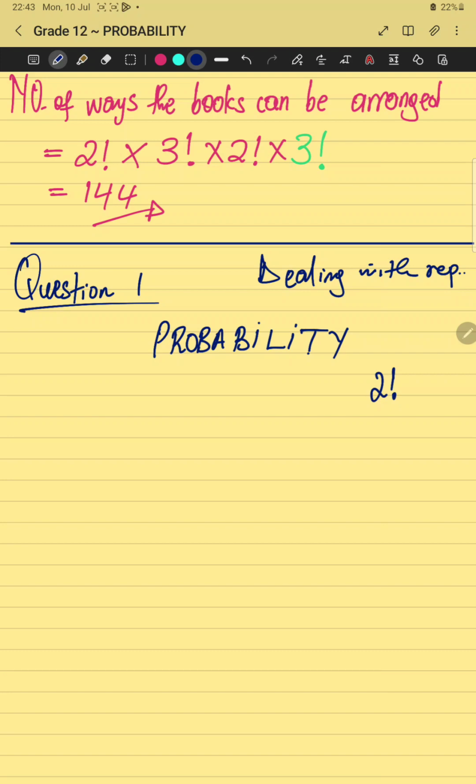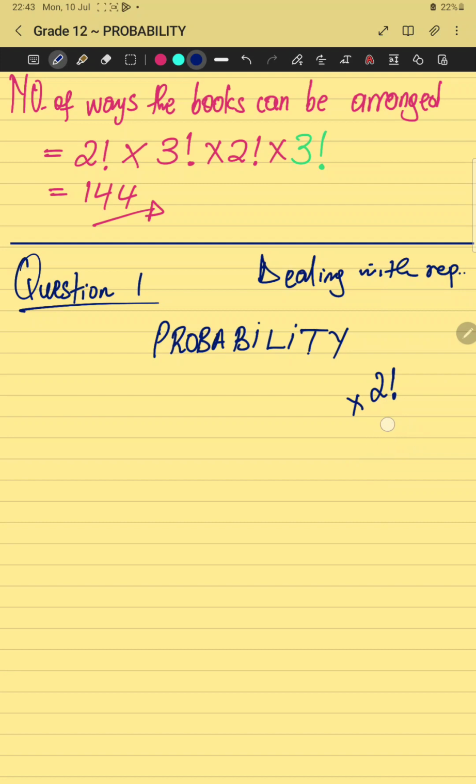If there is a letter in the word that is repeated thrice, then we're going to put 3 factorial for that letter. Then we divide by the repetition of those letters.